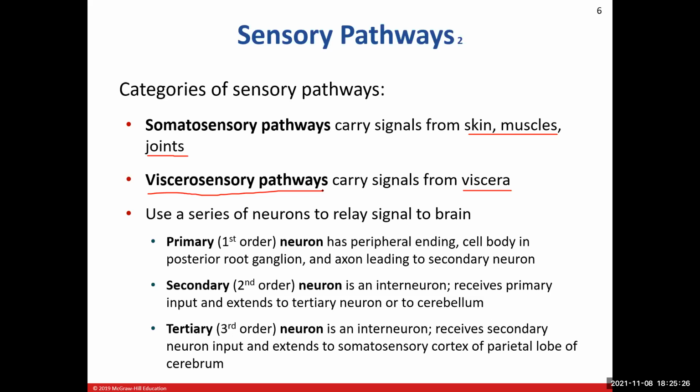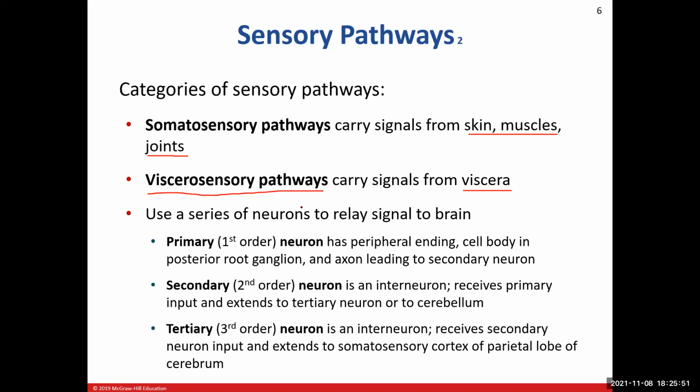And then we'll talk about how motor information leaves the nervous system and goes out to the effector. With our sensory pathways, remember what we said, we have a chain of neurons, at least two or more. When we're talking about these sensory pathways, most of them will have three. We're going to talk about one that has two shortly.